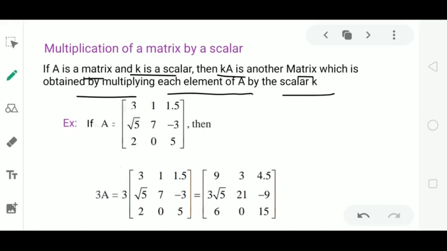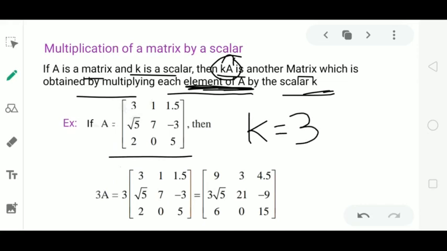If K is a scalar and A is a matrix, then K into A is the product of the scalar and the matrix A, which is also a matrix, obtained by multiplying each element of A by K. For example, if A is a matrix of order 3 by 3, let the scalar K be 3.